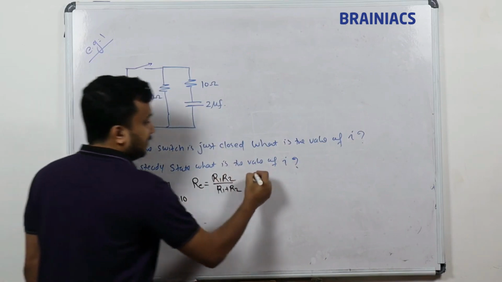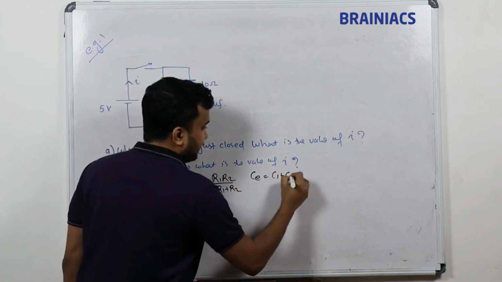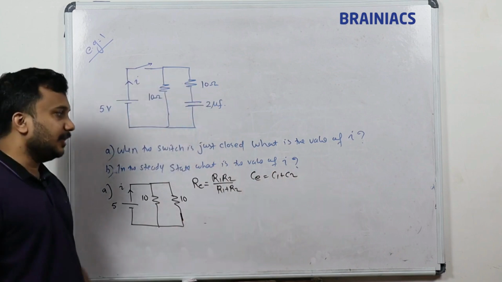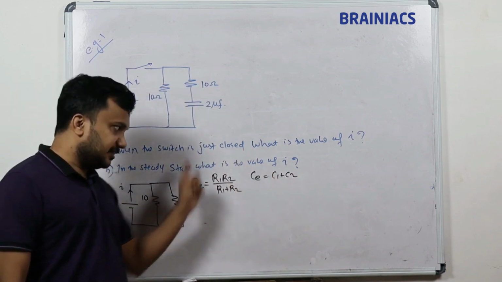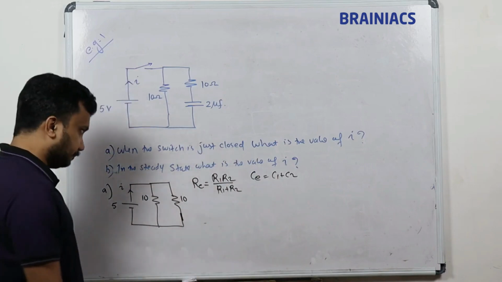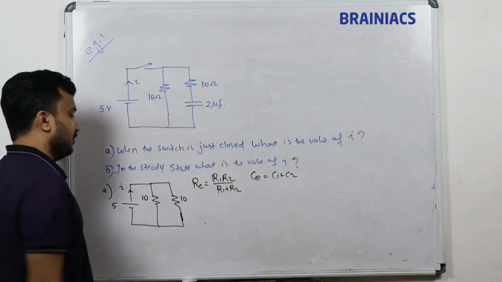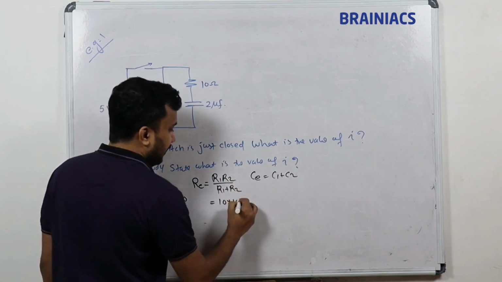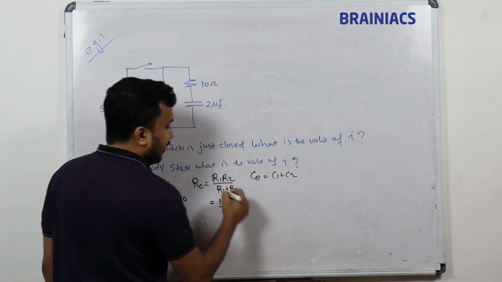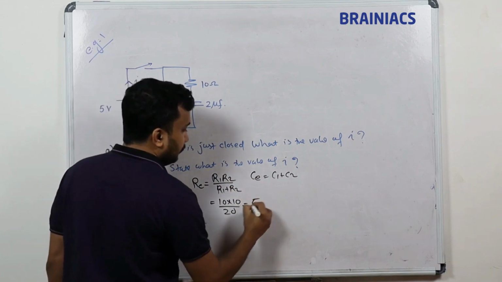If this is a capacitor, then it is written as C1 plus C2. Capacitance parallel, resistance series. Resistance series, capacitor parallel. That's all. The formulas get interchanged. So here we have the resistance formula. So we'll see 10 into 10 divided by 20, 100 by 20, which is equal to 5.